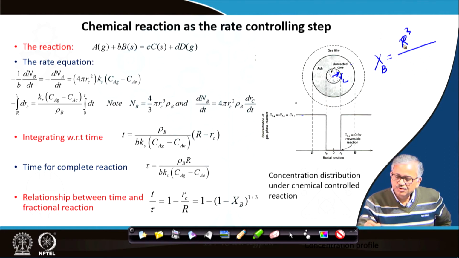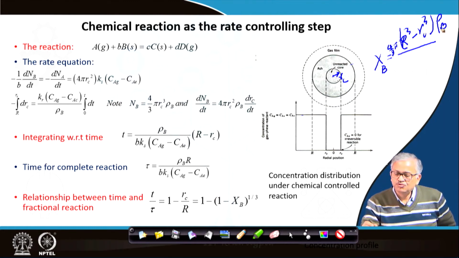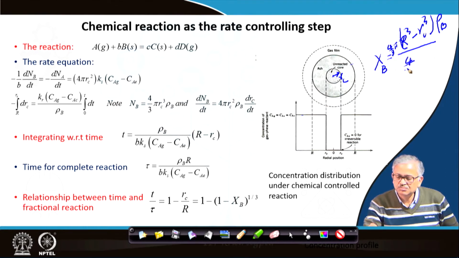Initially the mass was 4/3 pi R cube rho B, and the remaining mass in the unreacted core is 4/3 pi RC cube rho B. So, 4/3 pi R cube minus RC cube, times rho B, is the mass that has reacted, divided by the initial mass 4/3 pi R cube rho B. It basically gives you XB equal to 1 minus RC by R cube.